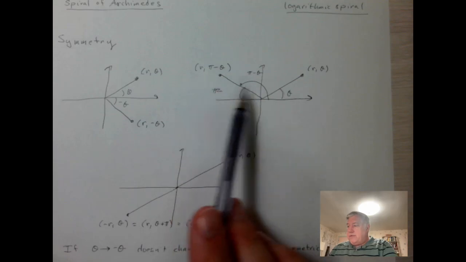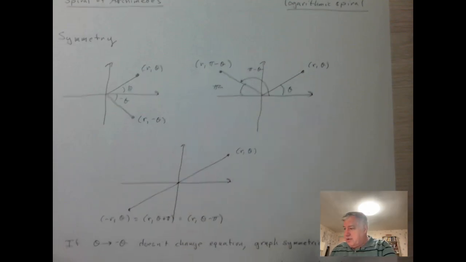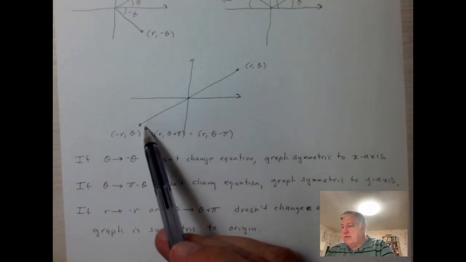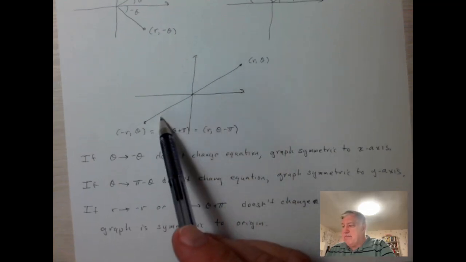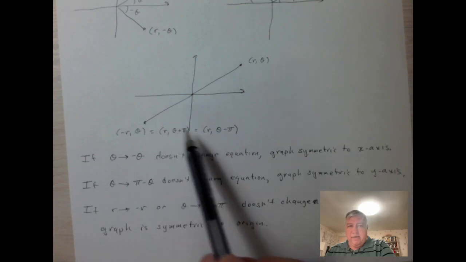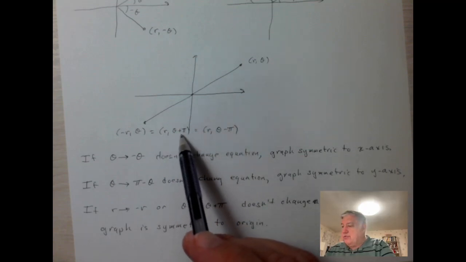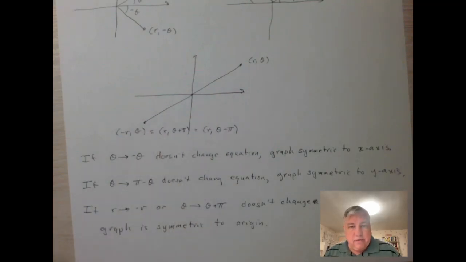So this substitution corresponds to a reflection through the y-axis. And if we wanted to find the point that's symmetric through the origin, there are two ways we can do this. We can just replace r with minus r, that's probably the easiest way, or you can add or subtract pi to theta. Like I said, there are many polar coordinate representations.